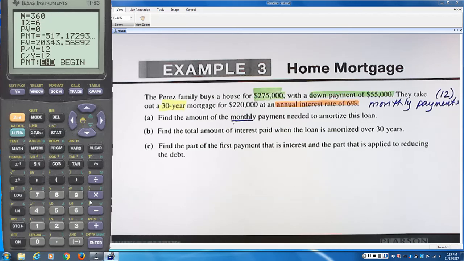So they're going to make 360 payments with their annual interest rate of 6%. What they initially borrow is the $220,000. Got to add enough zeros. And what we would like to know is, what are their payments? We're not interested in their future value. We're interested in the payments. So we're going to solve for the payment.